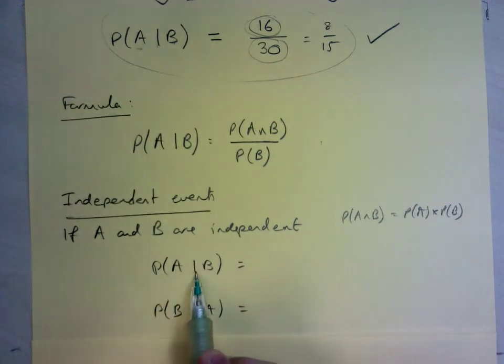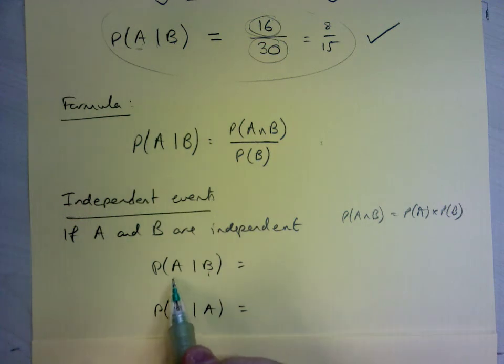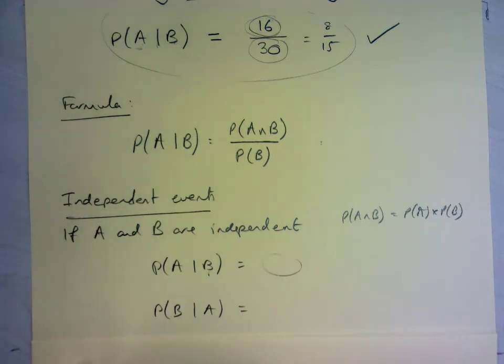So the probability of A given that B has happened. Now, again, I'll leave you to just think for a moment about this, but if B has happened and they're independent, what effect does that have on the probability of A? And therefore, what do you think is going to be the result here?